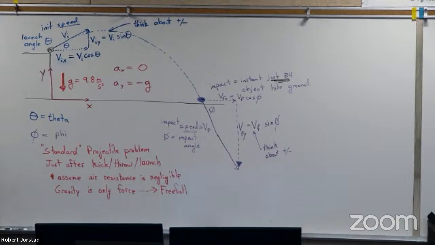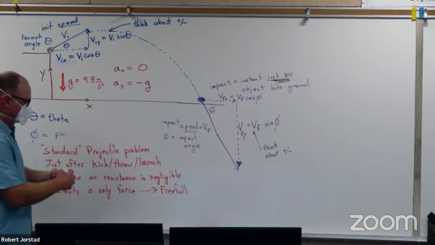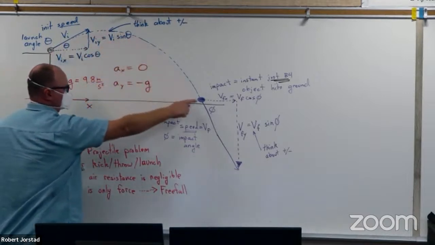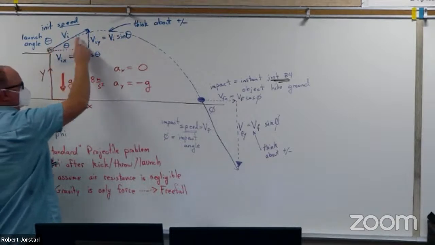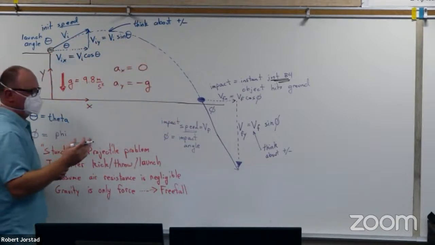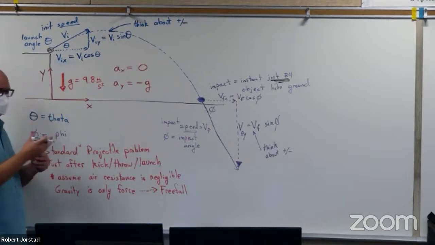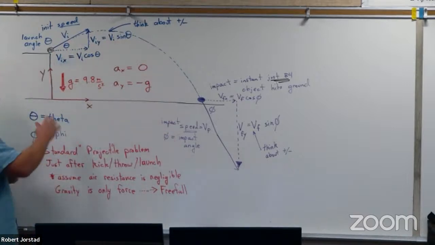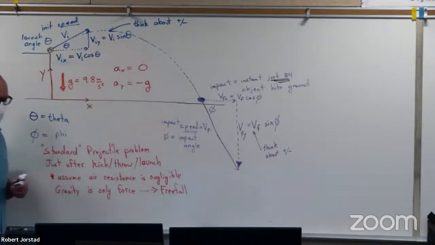All right. Let me see what else I want to say. How about this? What's a good name for the shape here? What do we call this path that the object travels? Yes, that's a mathematical description of this shape. That's true. So it's a parabolic path. Let me rephrase. What is the name for this special kind of parabolic path?